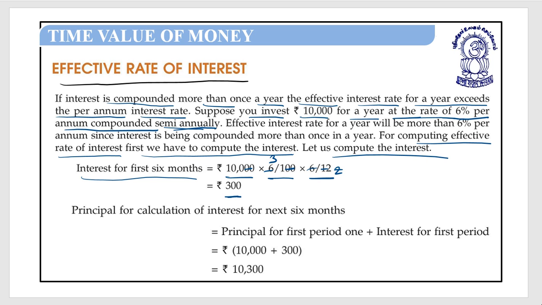Now principal for calculation of interest for next 6 months. Then principal becomes new. So here principal amount is 10,000 and the interest for first 6 months is 300. So add 300. So new principal amount is 10,300.